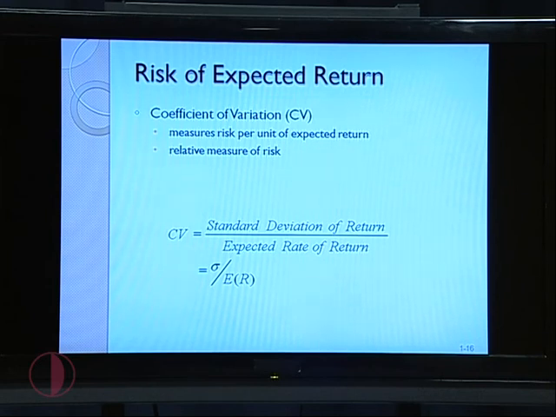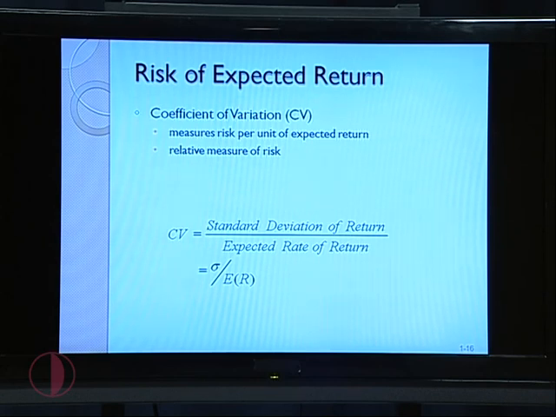By this equation: coefficient of variation equals standard deviation of return divided by expected rate of return. Now we have three measures for risk of expected return: first, variance; second, standard deviation; and third, coefficient of variation.